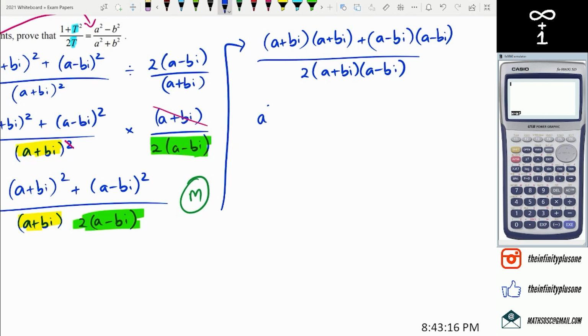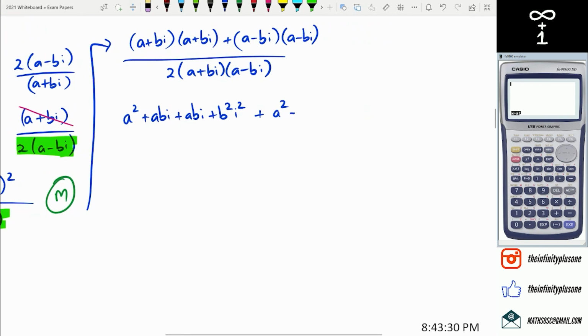We're going to get a squared plus abi plus abi plus b squared i squared. Then expand the next bracket. We're going to get a squared minus abi, and then minus abi again, plus b squared i squared.